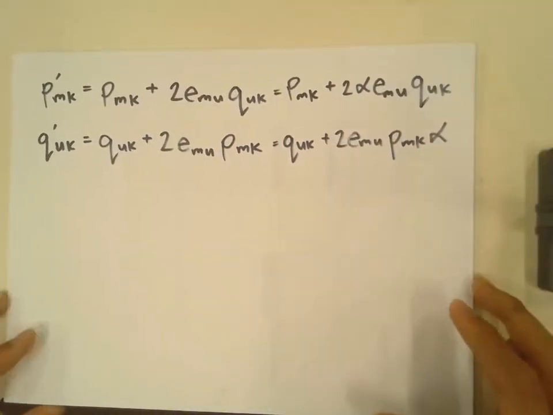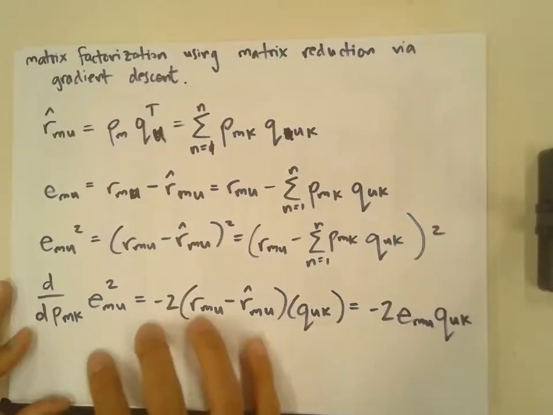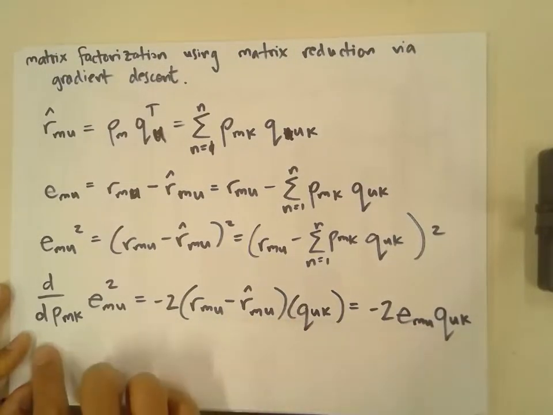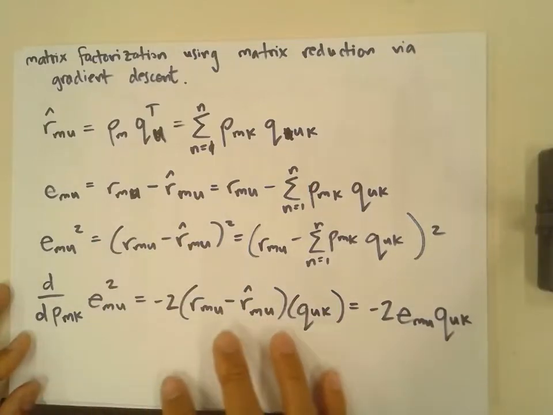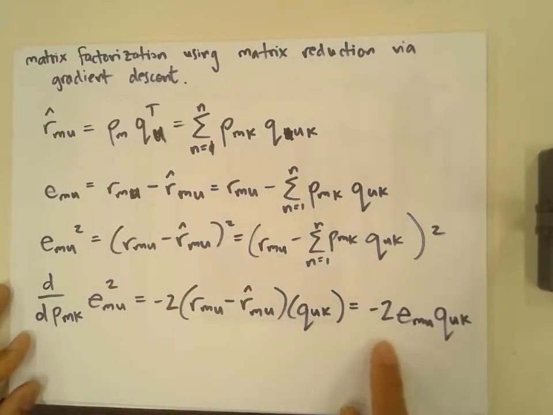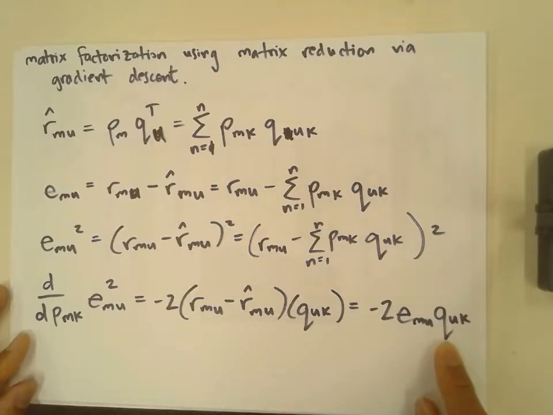All right. And I'm sorry, I think I skipped a step, but right here we're also going to take the partial derivative with respect to Q of UK. And if we do that, you can work it out that it's going to come out with the exact same result, except this here is going to be P of MK.